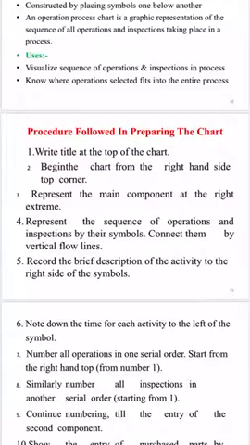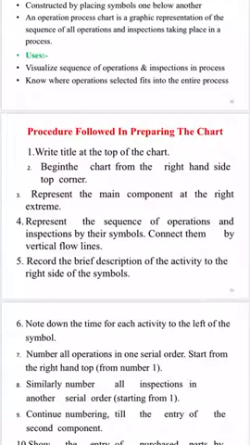Again we check the activity, whether it is an operation or an inspection, and place the symbols one by one below, circle, square, and connect these symbols with arrow lines. So we represent the sequence of operations and inspections by their symbols and connect them by vertical flow lines.